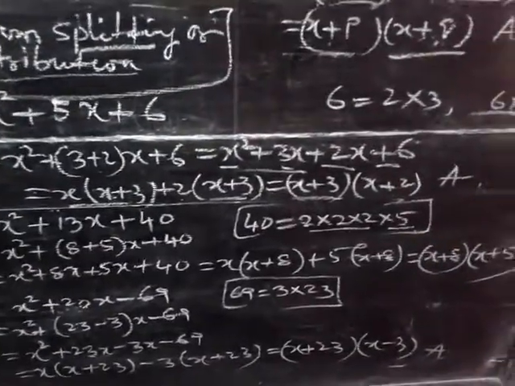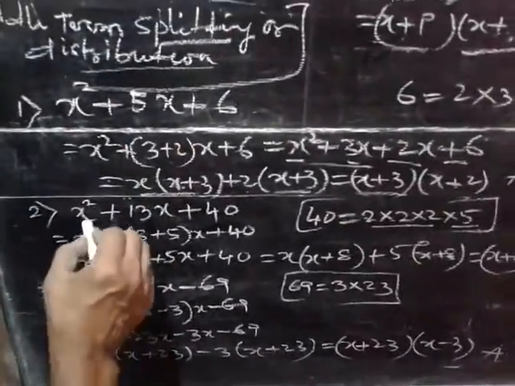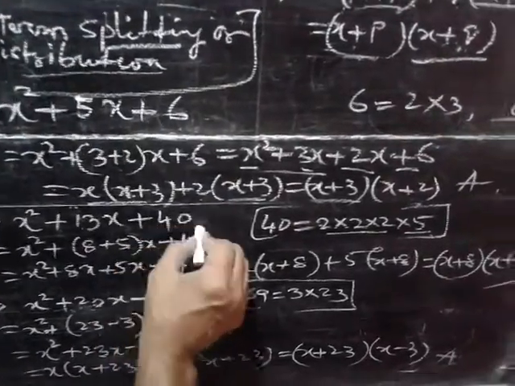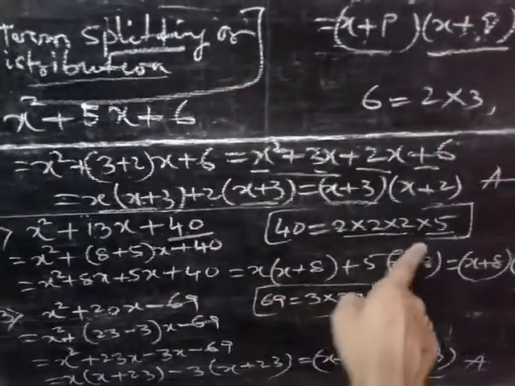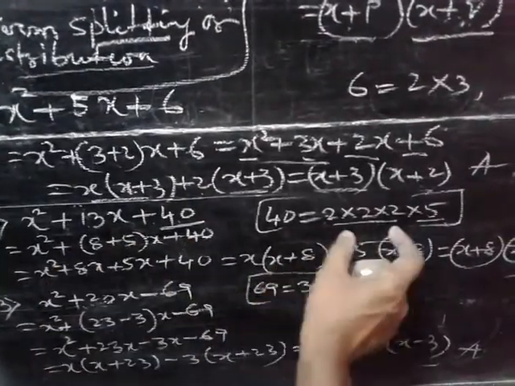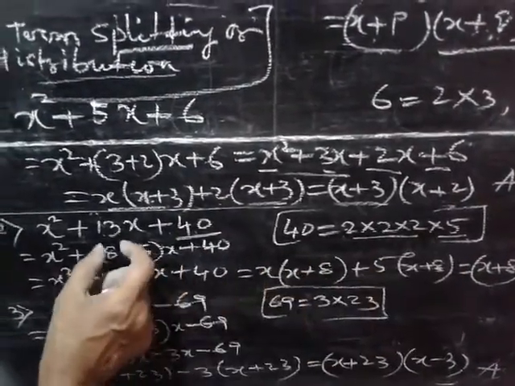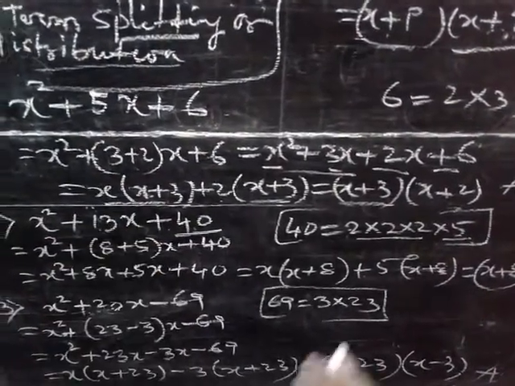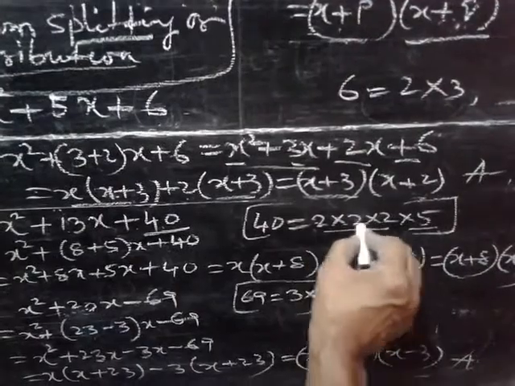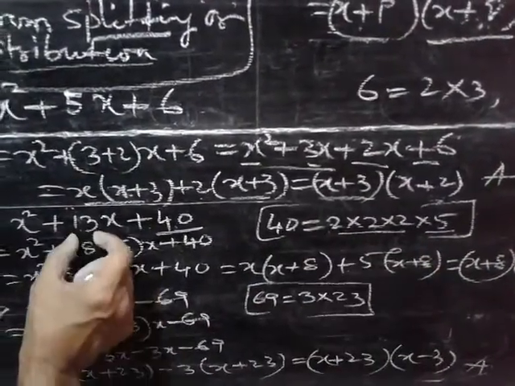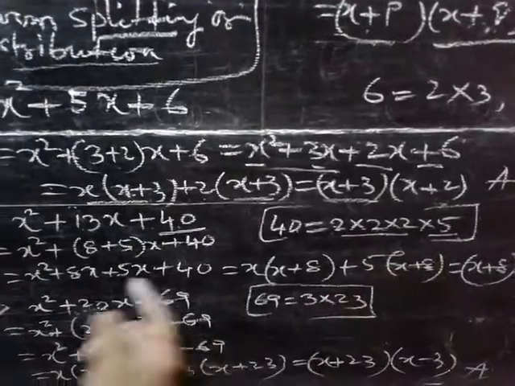Next, number 2, see here, x square plus 13x plus 40. We are doing a prime factorization of this 40. After doing this, now split in such a way that the sum of these two numbers must be equal to the coefficient of x. See, here we have 2 into 2 into 2, this is 8, into 5, this is 40. So 13 is required, and 8 plus 5 is 13.